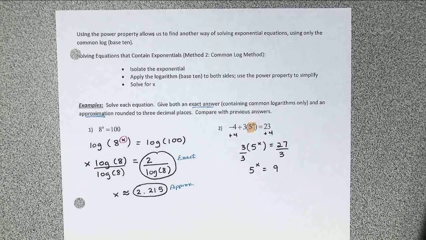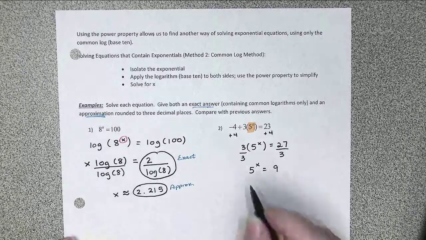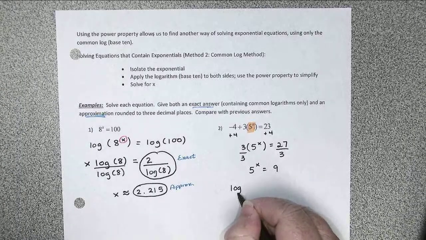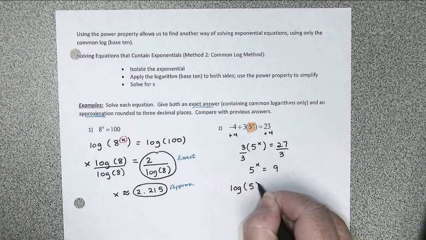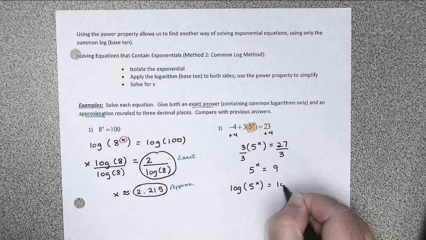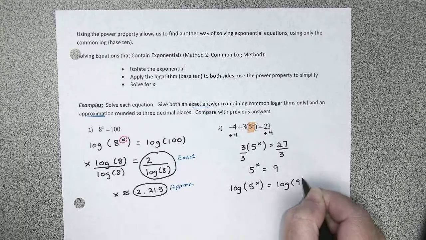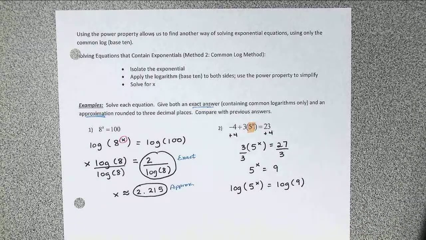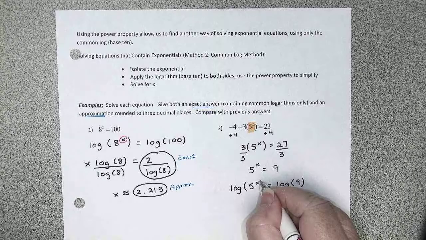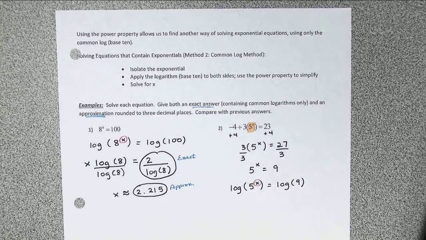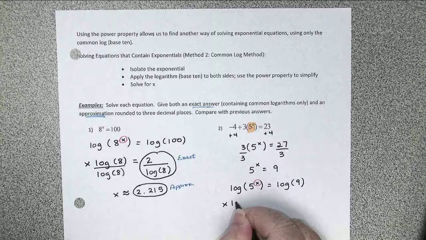Now we're in the situation where the exponential is isolated, and we're going to apply our new technique of taking the log base 10 on both sides. Here's our power property. That exponent of x can be brought down in front as a multiplier by the power property of logs.